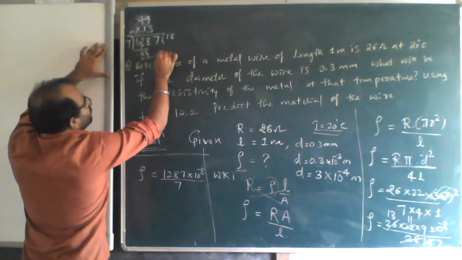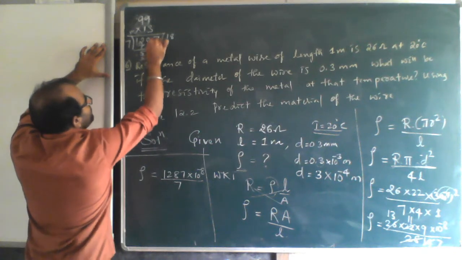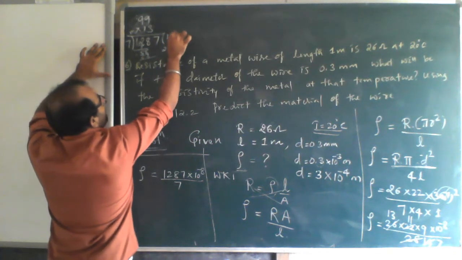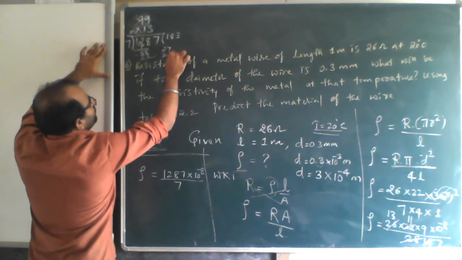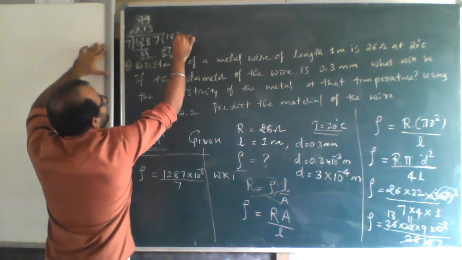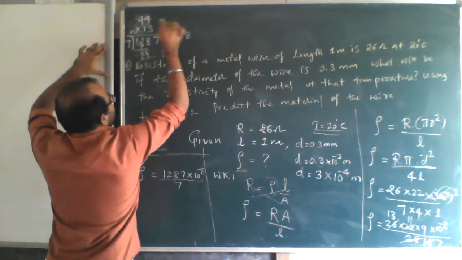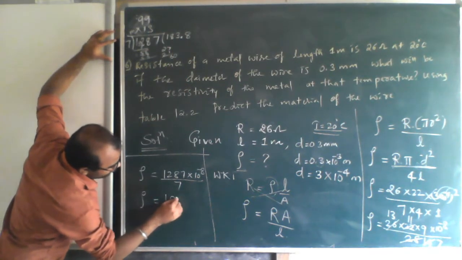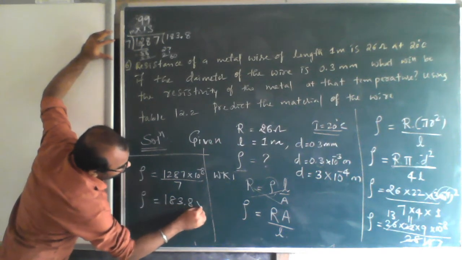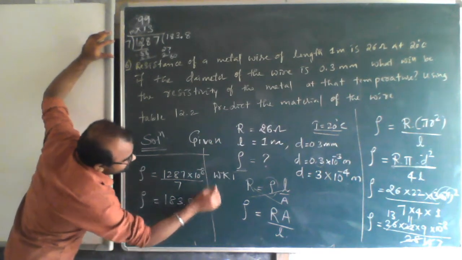So I will get 2 here. 2 is remaining, 27. Means 7 3s are 21. 6 will be there. If you take 0, 7 8s are 56. 183.8 I will get. 183.8 into 10 to the power minus 8.